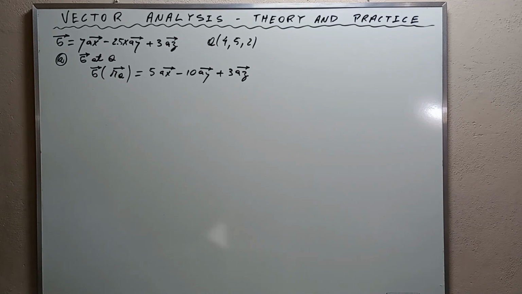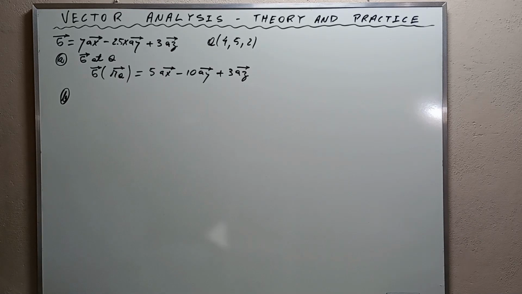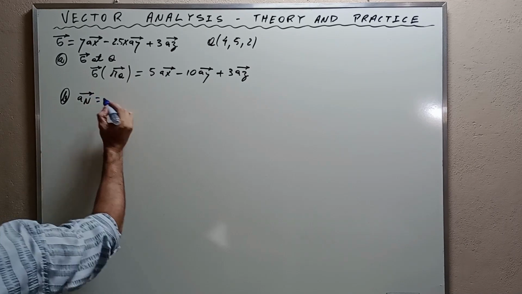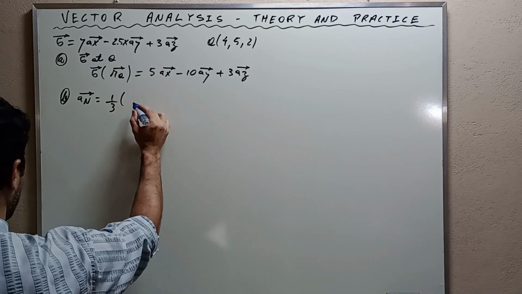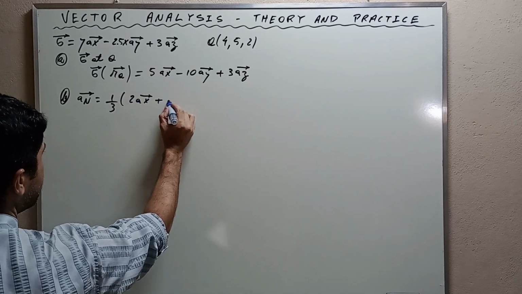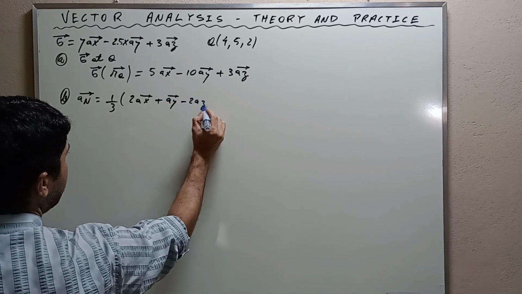Now let's consider letter B. Letter B: the scalar component of G at Q in the direction of the unit vector an equal to a third of 2ax plus ay minus 2 times az.